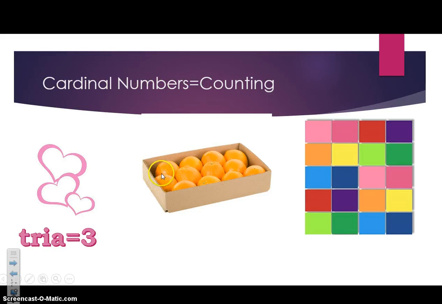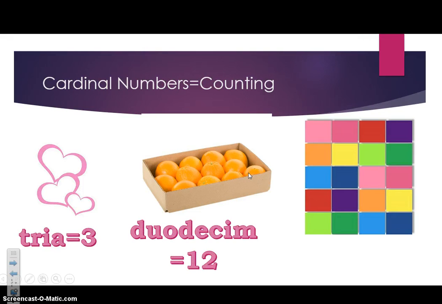In this box we have 1, 2, 3, 4, 5, 6, 7, 8, 9, 10, 11, 12 oranges. Okay, so to create 12, we actually take the number 2 and we add it to the number 10 to get the word duodecim. And duodecim is 12 in Latin. And over here we have 4 colored squares across and 5 colored squares down.